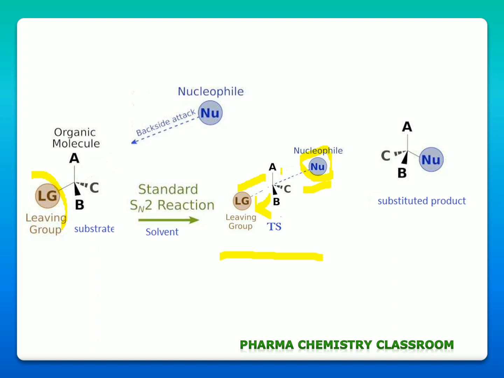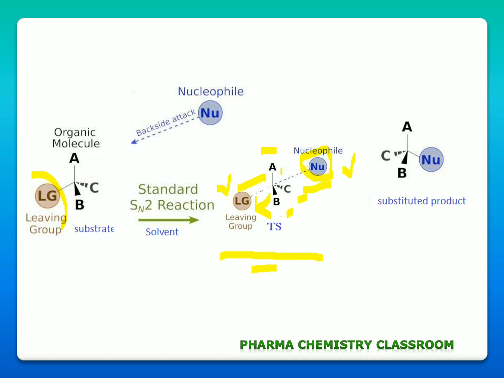the leaving group and carbon breaks and nucleophile comes and attaches the substrate in a single step, which gives a transition state having 5 groups attached to the carbon. You can see here partially broken bond between the carbon and leaving group and partially formed bond between carbon and nucleophile, and the other 3 atoms attached.